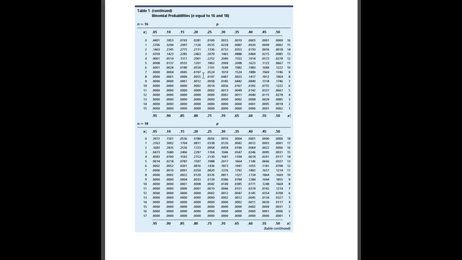In our case, the probability of winning 8 games is 0.0055. Probability of winning 9 is 0.0012. The probability of winning 10 is 0.0002.